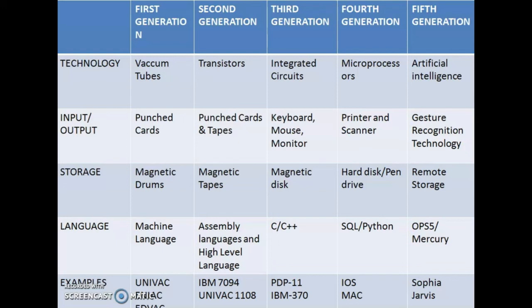Computers developed from 1980 till present are called fifth generation computers. It uses gesture recognition technology for voice and image recognition. Its storage includes cloud storage and external hard disk drive. For example, Sophia and Jarvis. OPSY and Mercury are the languages used in fifth generation computers.